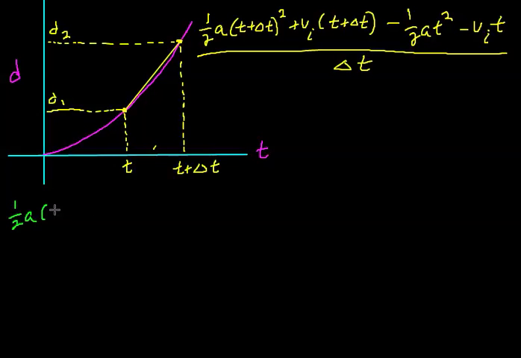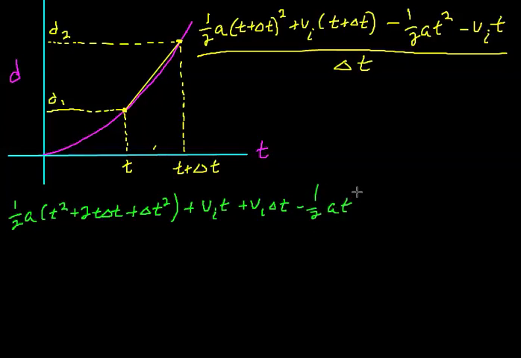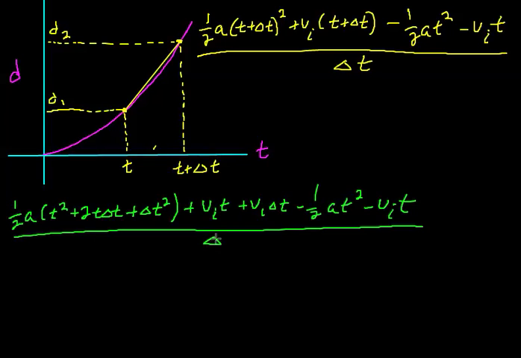So I'll have t squared plus 2t delta t plus delta t squared plus, and I'll distribute the vi t plus vi delta t, minus 1/2 at squared minus vit, all over delta t.